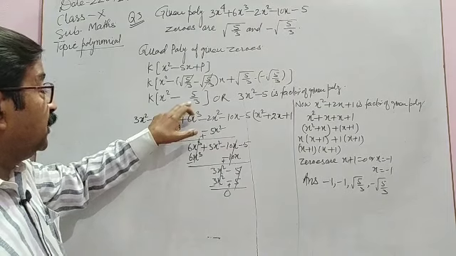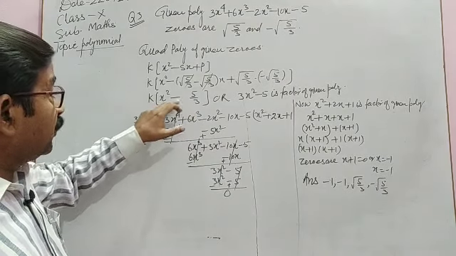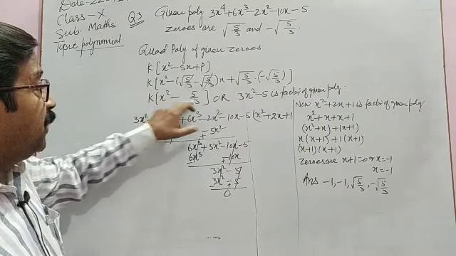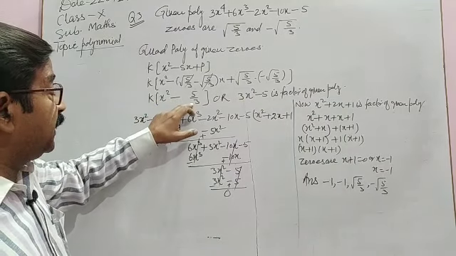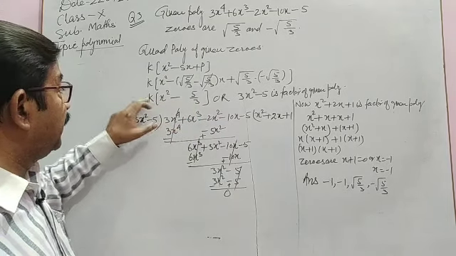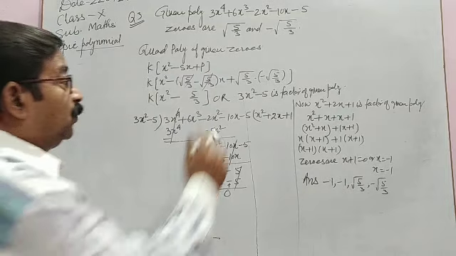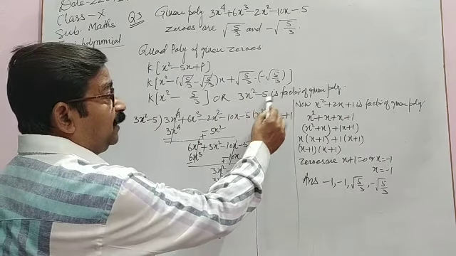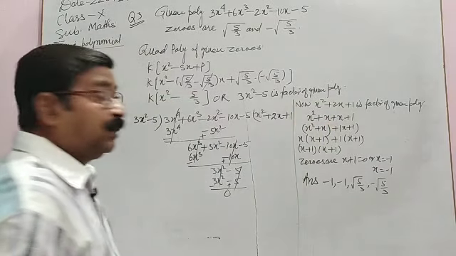As I told, the value of k which is constant is the LCM of the bracket, and LCM of the bracket is 3. So multiplying this bracket by 3 we can remove this k. So multiplying this we have 3x square minus 5.